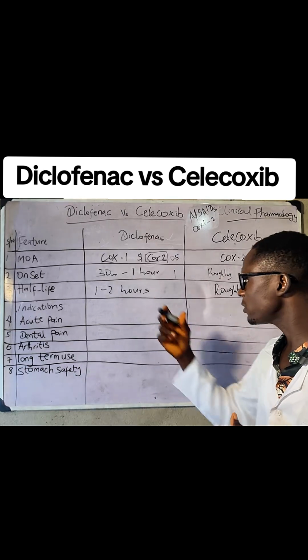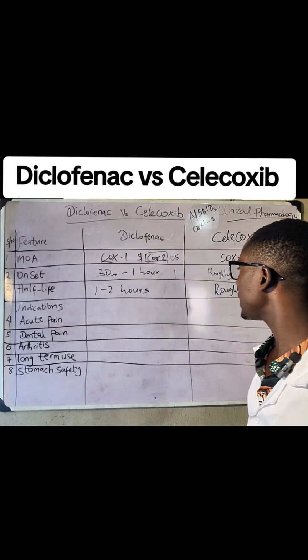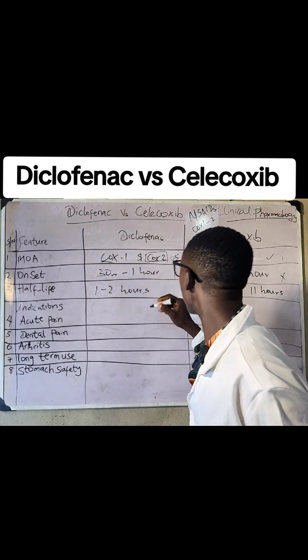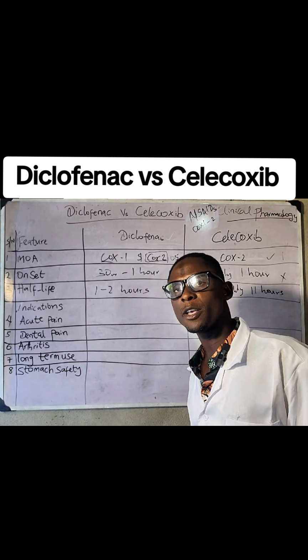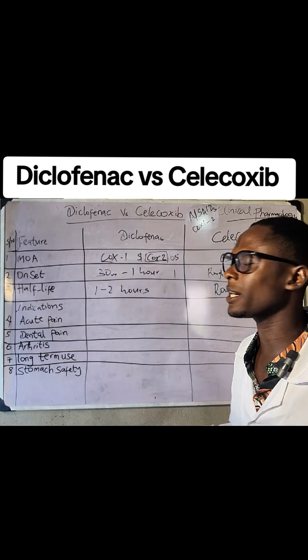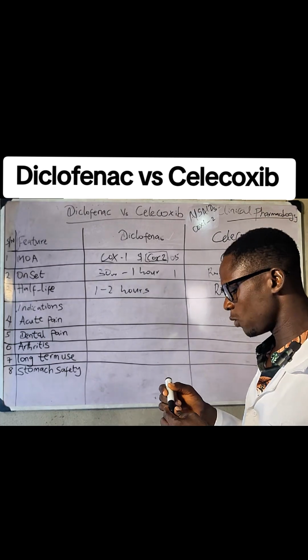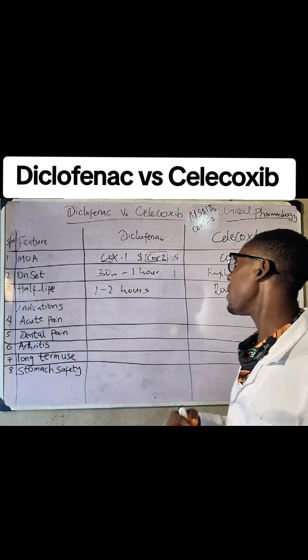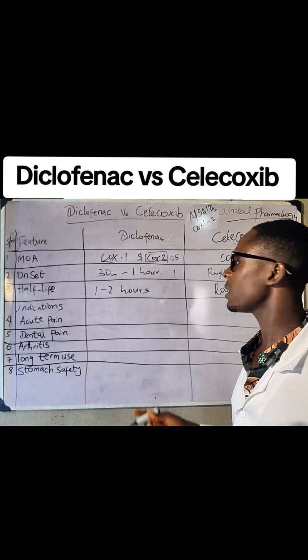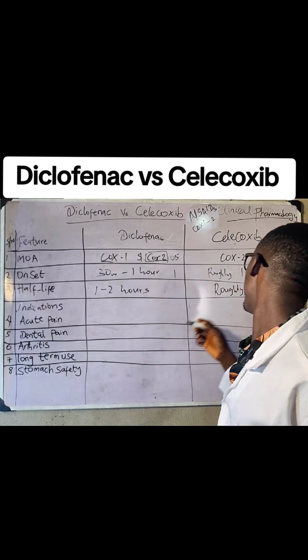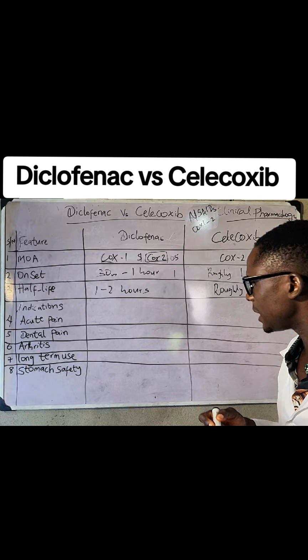However, because of this, people now take diclofenac twice daily. That's why you say take 50 milligram 2 times a day, take 75 milligram twice a day, even 100 milligram twice daily. So that one we are not going to grade them, because whatever the case, you can actually help out by taking it 2 times daily, while this one you take just once a day.